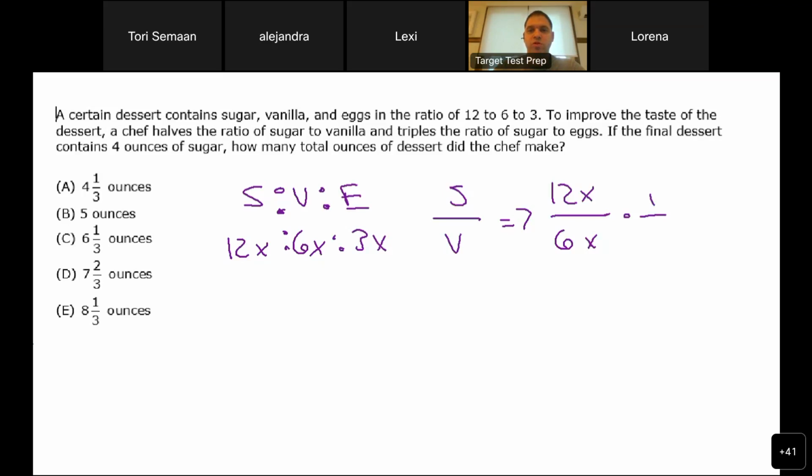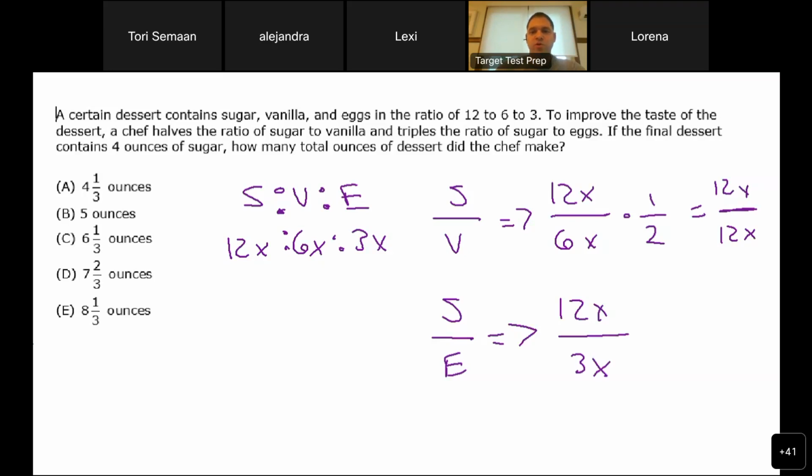So what you're doing is multiplying the actual ratio by 2. Okay, everyone with me on that? When we see that the ratio of sugar to eggs is tripled, so sugar is 12x, eggs is 3x, we're just going to multiply it by 3. That gives us 36x to 3x.